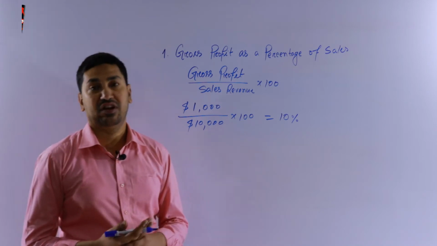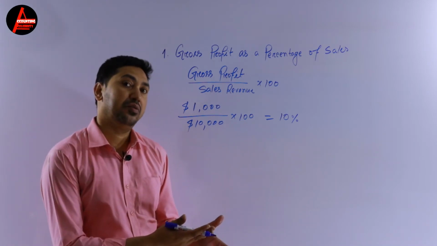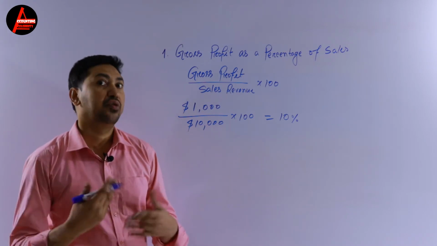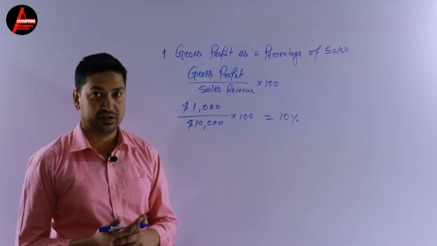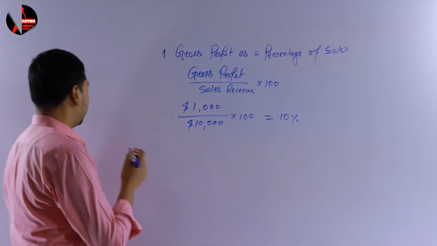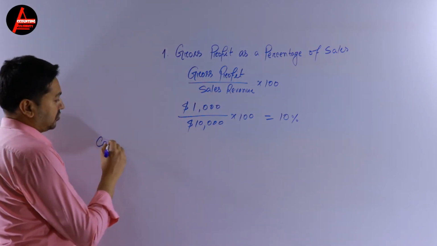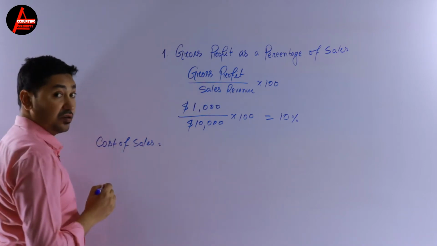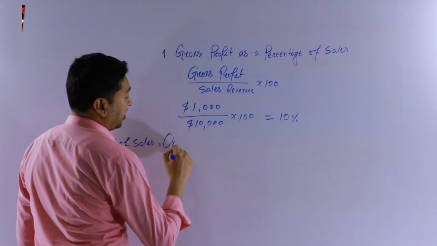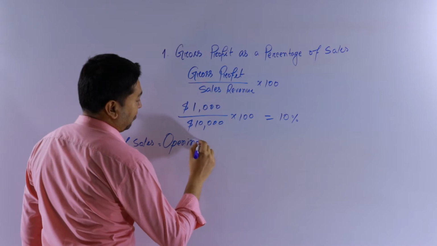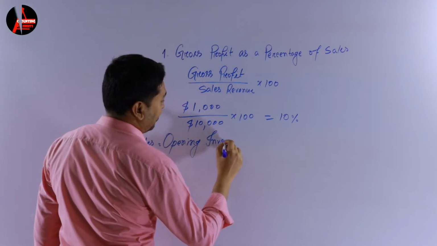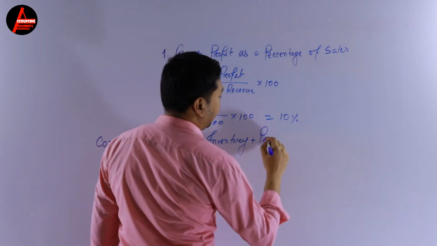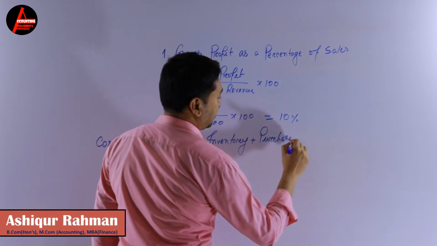So how to calculate gross profit? You know, sales revenue minus cost of sales equals gross profit. So what about cost of sales? How to calculate your cost of sales? Cost of sales equals opening inventory plus purchases.